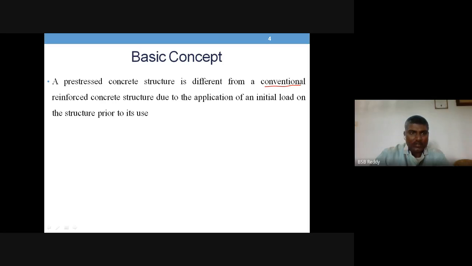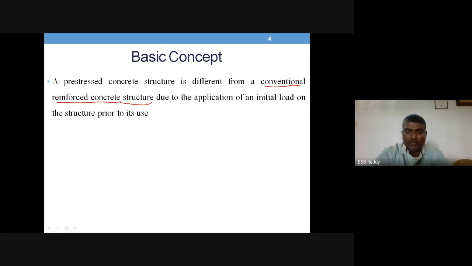Okay, so if you take a conventional concrete structure, we will be reinforcing with steel, which is maybe a grade of 250 steel, or a grade of 415 steel, or maybe 450 or 500 or 550 at the maximum, which is available as of now. So this is what a conventional reinforced concrete structure actually is.